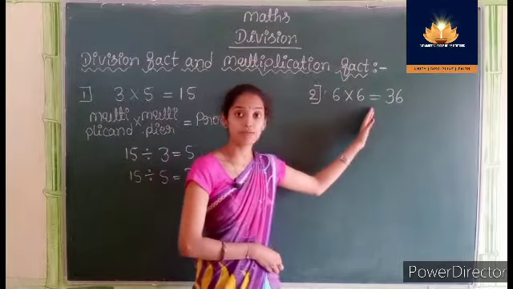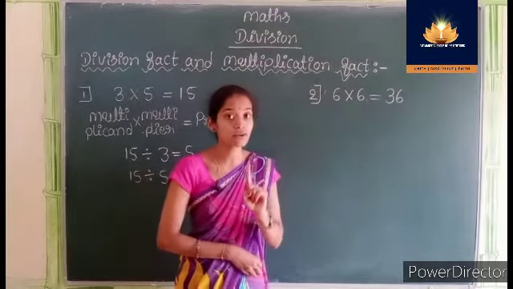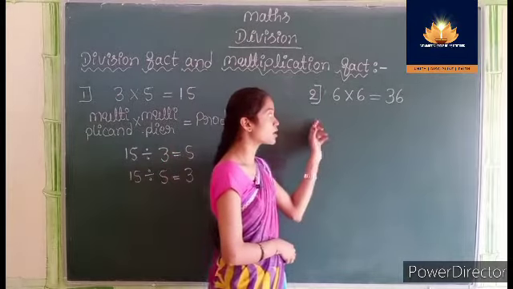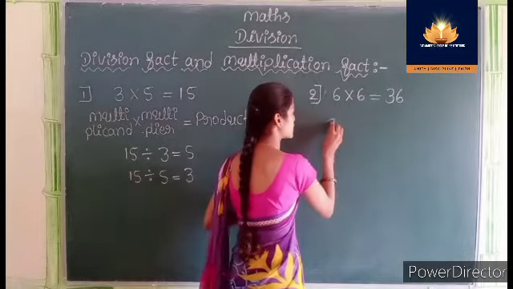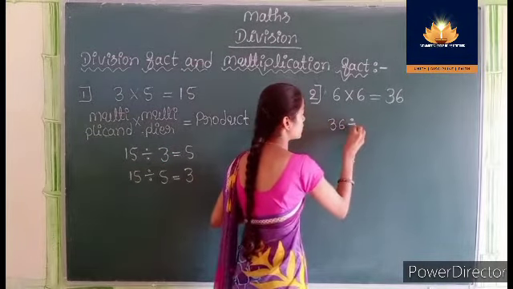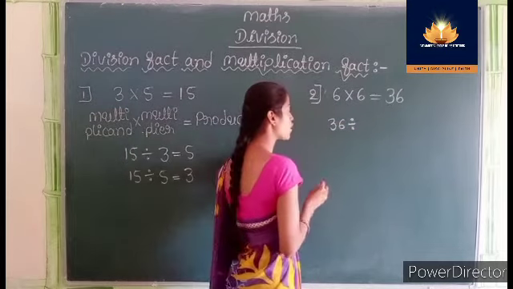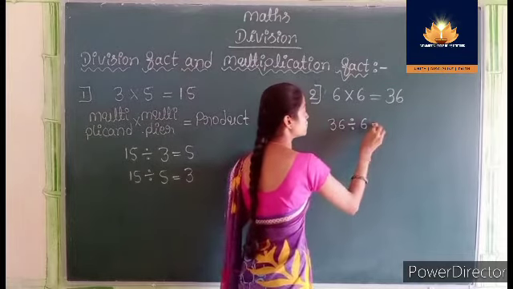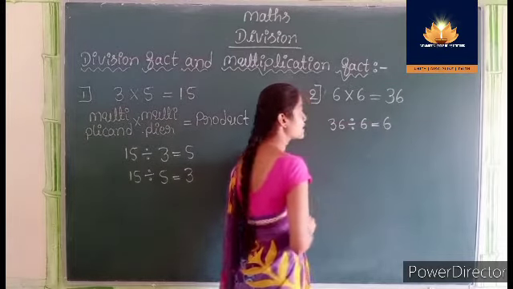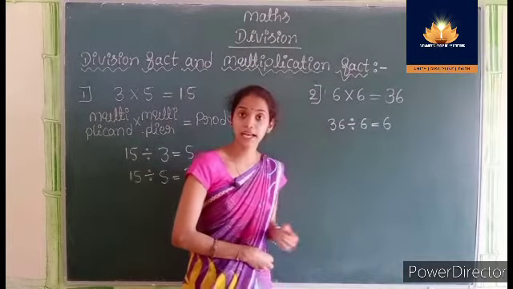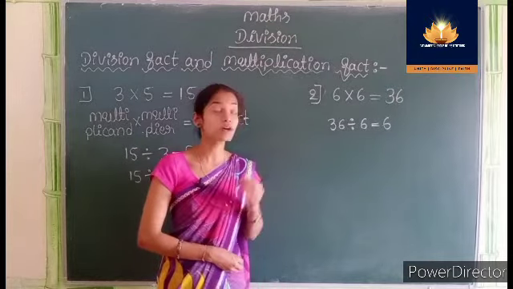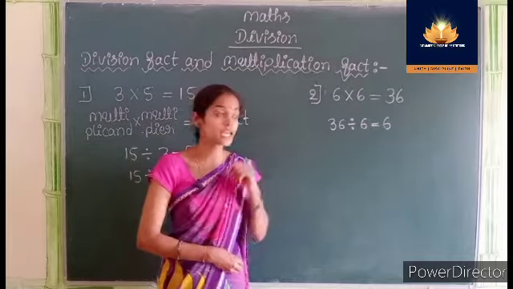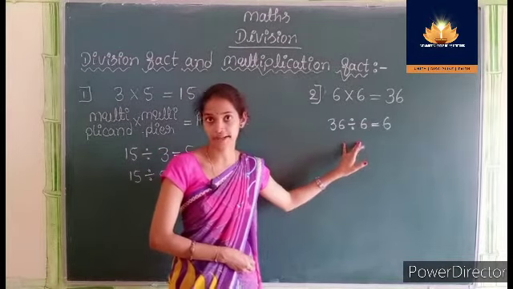At this time we will get only one division fact. Let us see product, that is 36 divided by multiplicand or multiplier, that is 6. Then we get 6 as an answer.